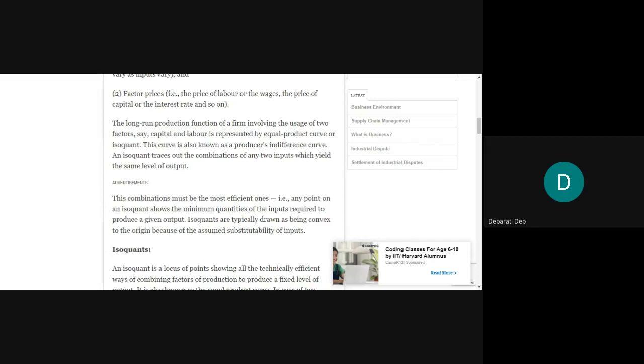Now, do you remember the concept of the indifference curve? When we were studying consumer behavior, we had studied the indifference curve, combinations of two different products that were giving an equal level of satisfaction. Do you remember that?